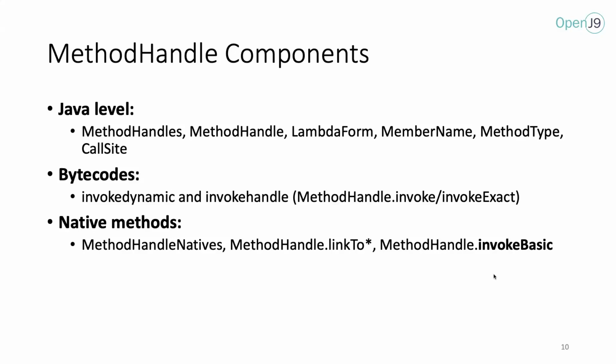And finally, there are various native methods that are part of the implementation, such as methods defined in MethodHandle native, and methods implemented in the VM internal native library, such as MethodHandle.invokeBasic, and then the MethodHandle.linkTo methods. There are multiple variants of linkTo methods that we will come across when working with MethodHandles.